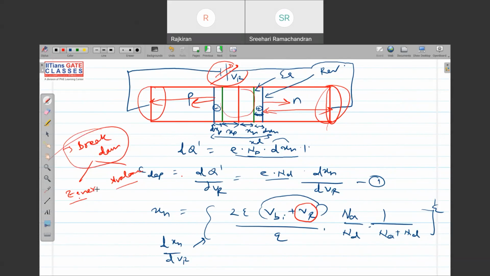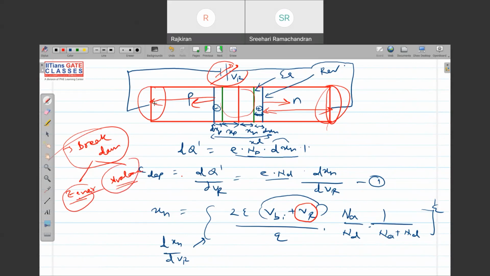Sir, so does the breakdown happen only after uncovering all the carriers? No, this breakdown is different. That uncovering is possible, but the breakdown I am telling you about is a different thing. Before reaching that limit, this will take place. You go and read about Zener breakdown and avalanche breakdown.